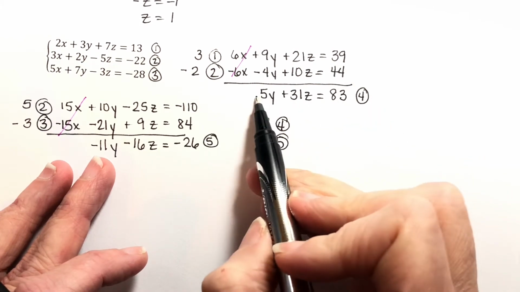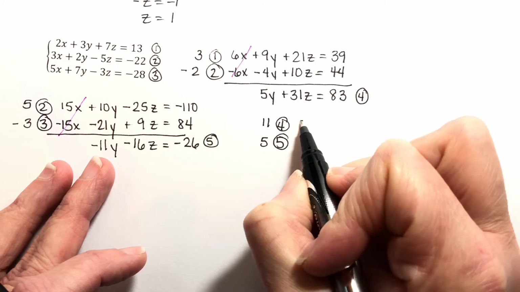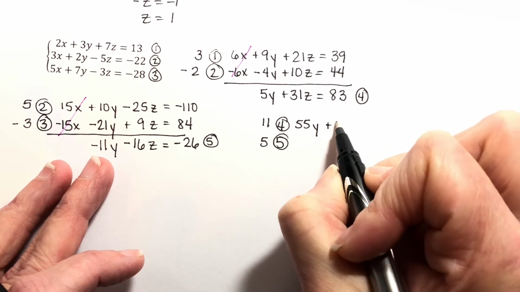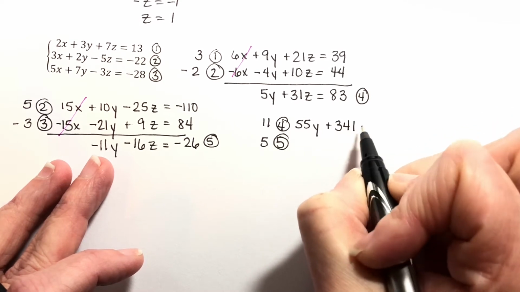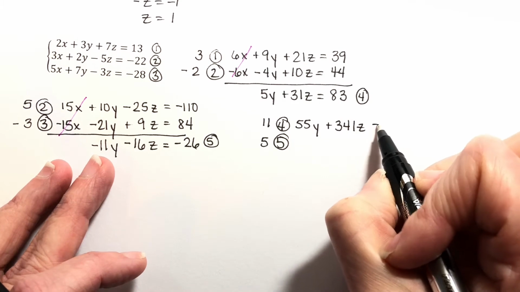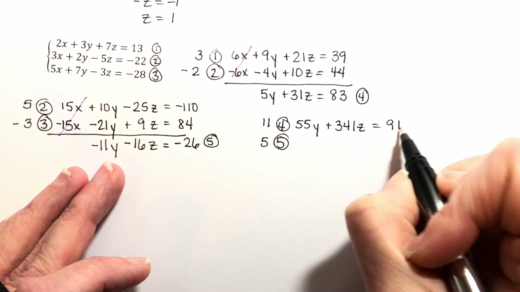Okay? Multiply everything here by an 11. So this is 55y plus 341z equals, that's going to be 913.